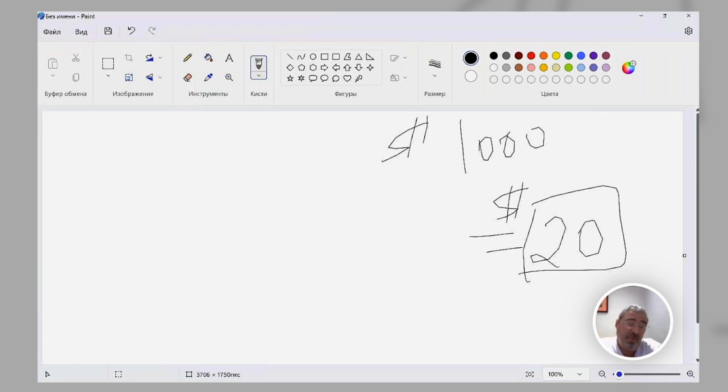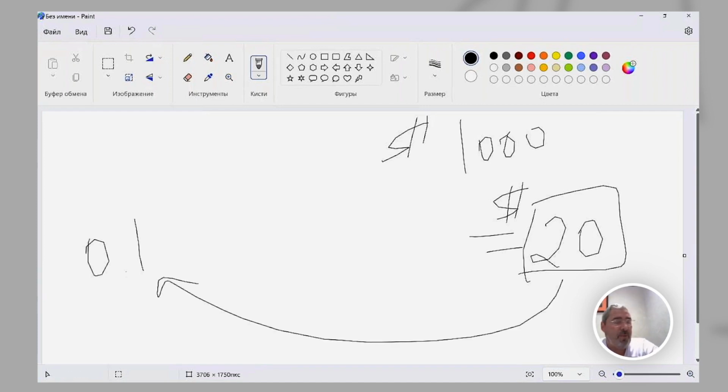Let's say you trade cheap stocks and your stop loss is 10 cents. So you take $20 divided by 0.1, so 10 cents, and your maximum position you can take is 200 shares.